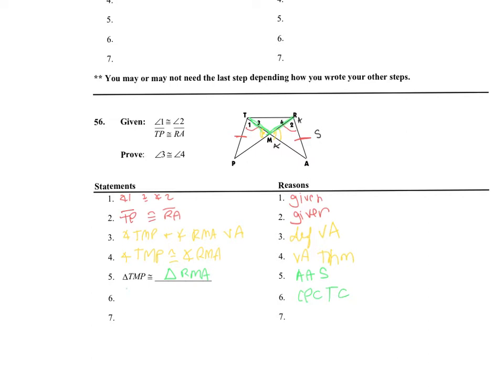So segment TM is congruent to segment RM. And now if those two sides are congruent, then that would be an isosceles triangle, and that would be enough information to say that angle 3 is congruent to angle 4, because two congruent sides of a triangle imply that the base angles are congruent.